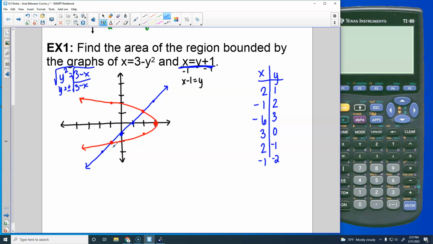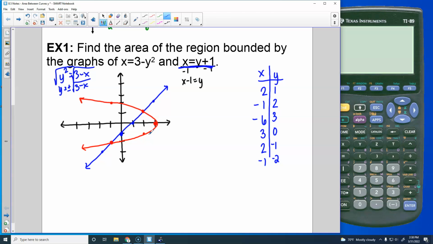So here's the problem. If we're going to do this in terms of x, we're doing top minus bottom, which will be okay right here from negative 2 up to 1, because we're doing the blue graph minus the red graph. It'll work out beautifully. What happens over here? That is itself, right? And if you just subtract the equation minus the equation, it's going to give you 0.